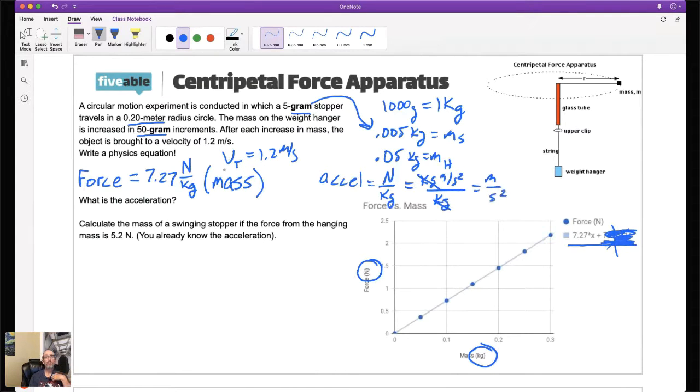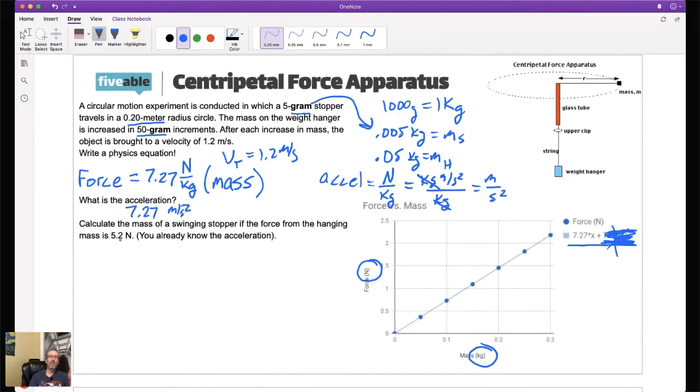That's because gravity, or whatever acceleration, is a field. You have an acceleration field, and fields are force per unit mass, at least this field is. They want to know what is the acceleration, so that one's pretty easy: 7.27 meters per second squared, or newtons per kilogram. Either one would work.